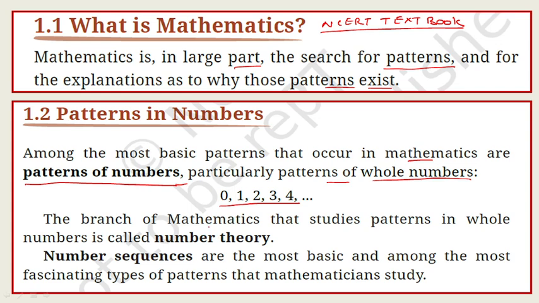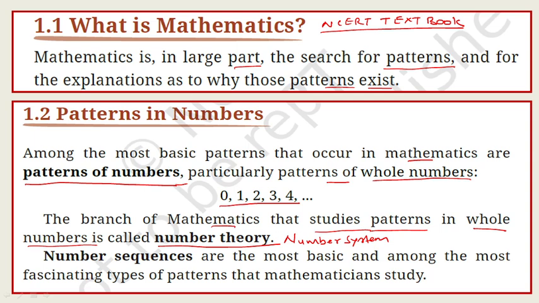The branch of mathematics that studies patterns, especially patterns in whole numbers, is called number theory. It is also called the number system, but in the number system we utilize all the integers also.